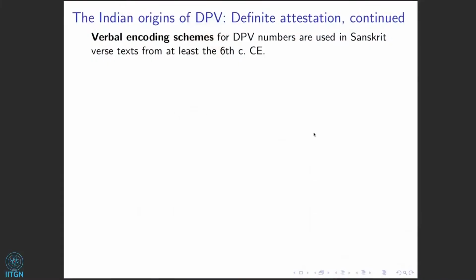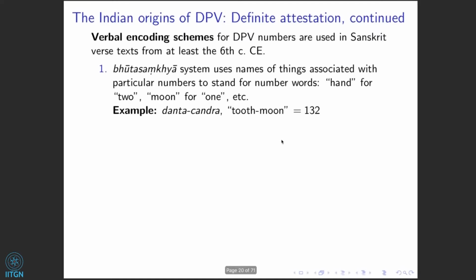And there are two major ways of doing that in classical Sanskrit scientific literature, as Professor Srinivas briefly mentioned. One of these is the so-called bhütasamkhya system that simply replaces the names of digits or small groups of digits with the names of objects or concepts that are naturally associated with those digits.